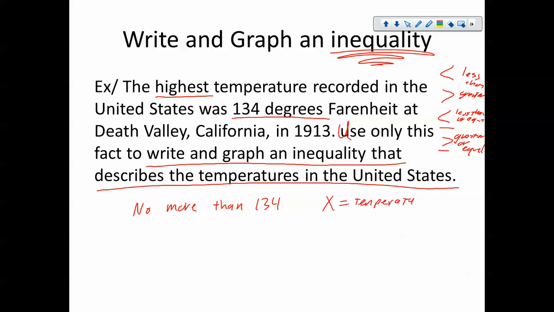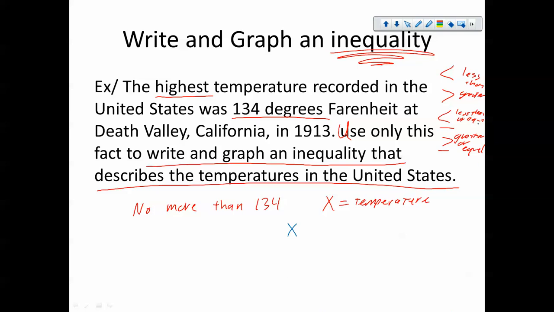If we're making an inequality for this, we're saying that x can be no more than 134. So x has to be smaller than 134. We want to use the symbol that represents that x is smaller.